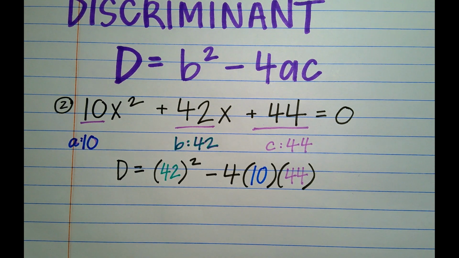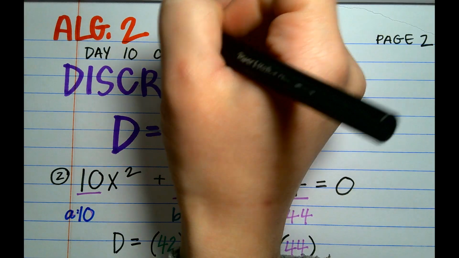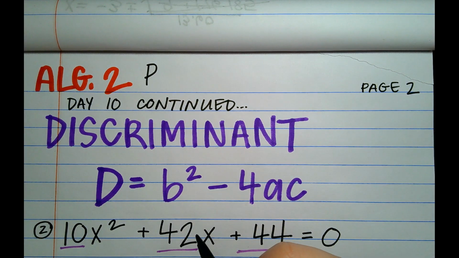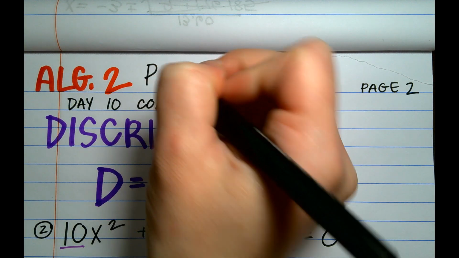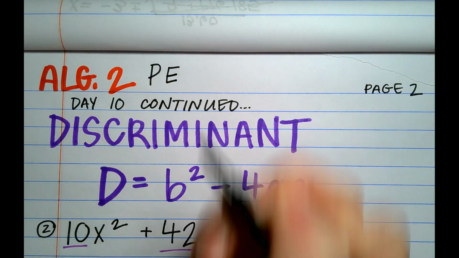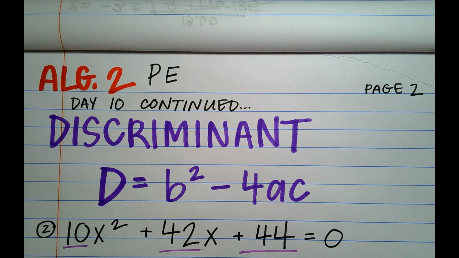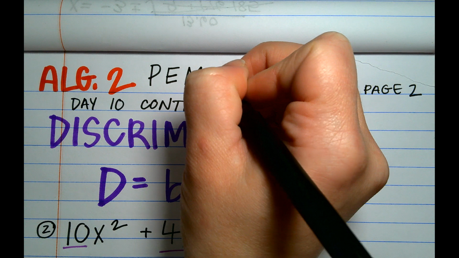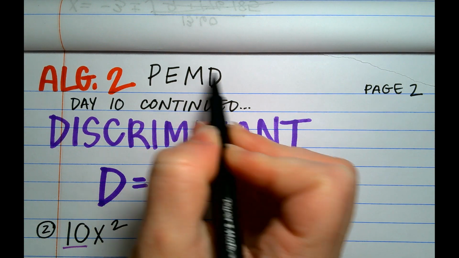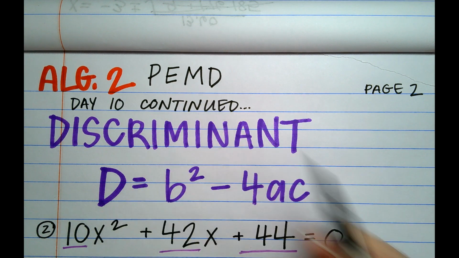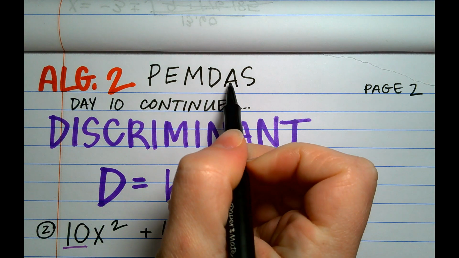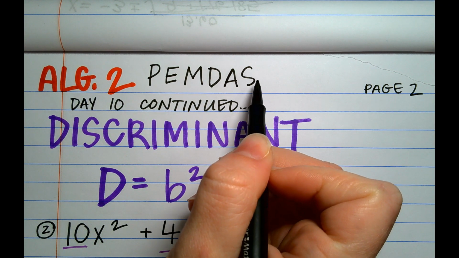The order of operations is parentheses first. I appreciate it. It's a good question. So P for parentheses or anything in grouping symbols. Next is E for exponents. M and D are multiplication and division. A and S are addition and subtraction.